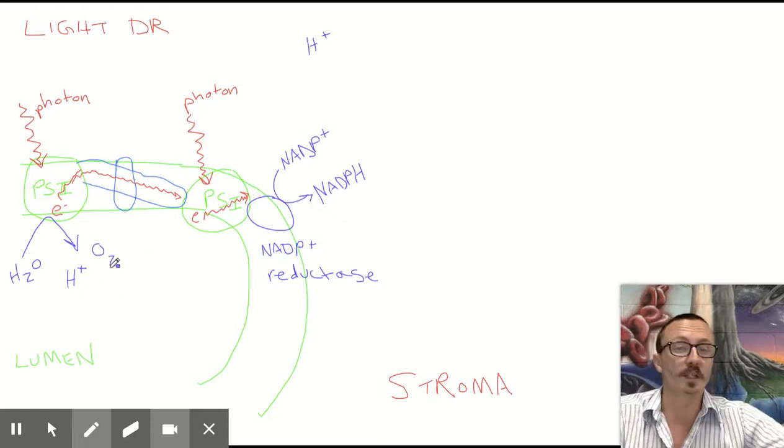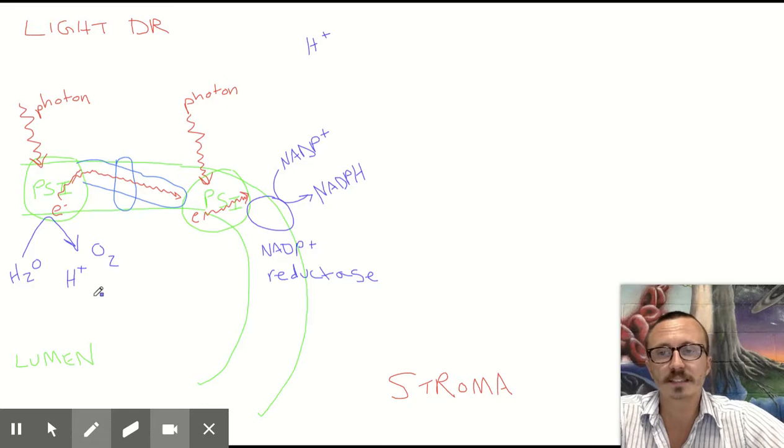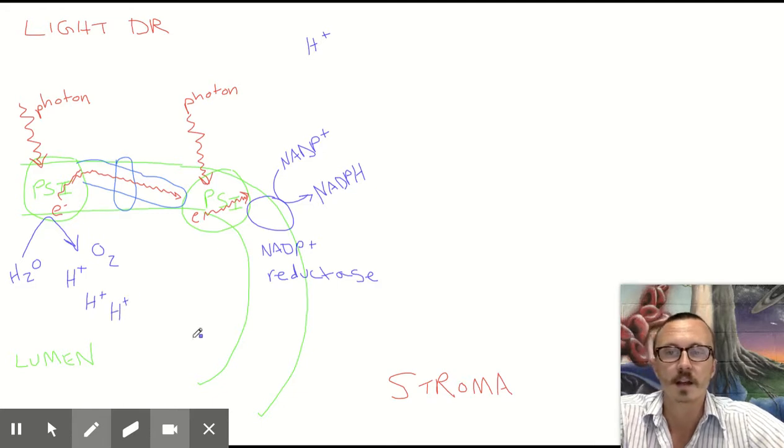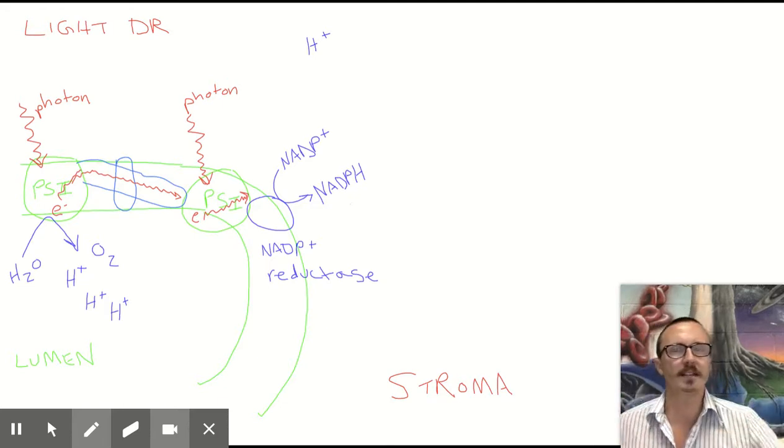Now, as you can imagine, over time, we're breaking down lots of water molecules to replace lots of electrons, and the oxygen gets released, but these H pluses, these hydrogen protons, they start to accumulate in here, right? And we end up with a bunch of them in here, and this will become important here in just a second, okay? Now, so there's our oxygen. There's our NADPH, and we're missing one other product. We're missing ATP. So how in the world are we going to make ATP?